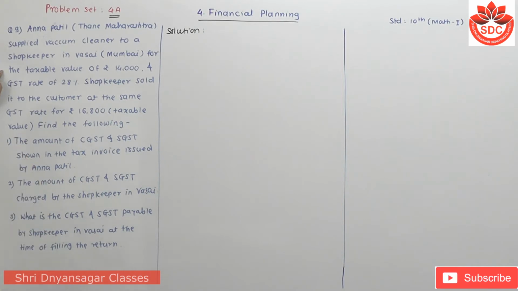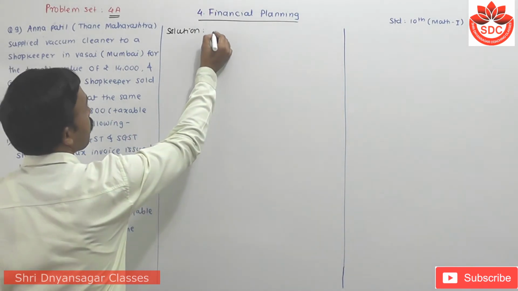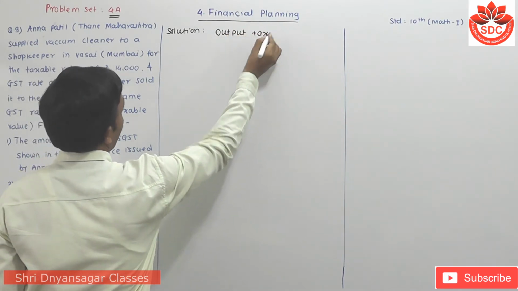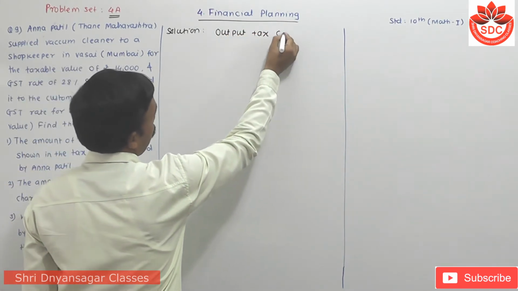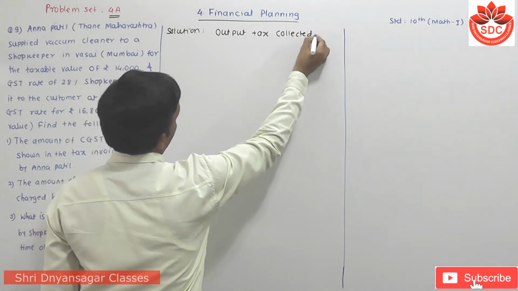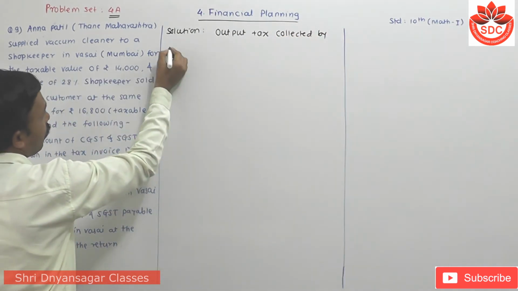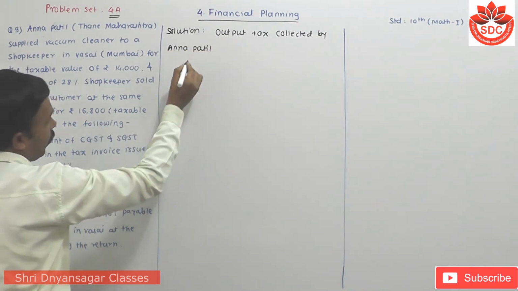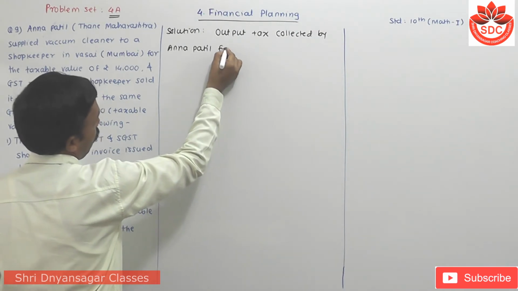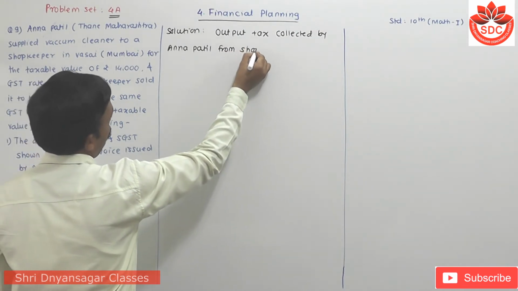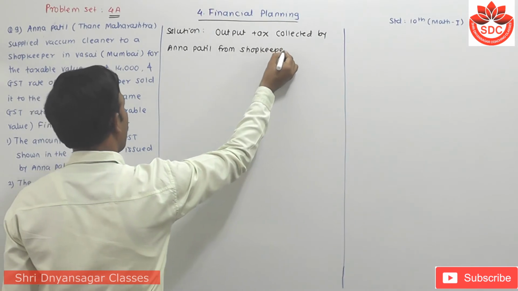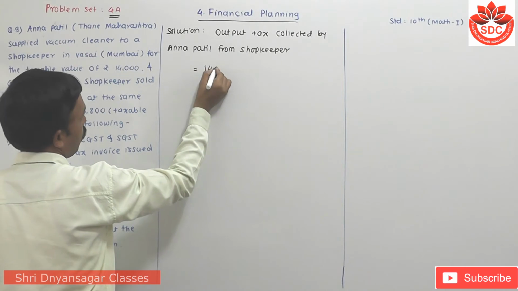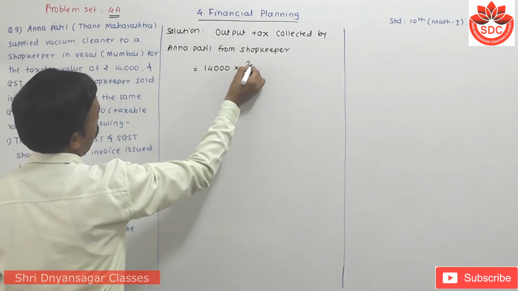We have to find out this amount, means that output tax collected by Anna Patil from the shopkeeper is rupees 40,000 into 28%.